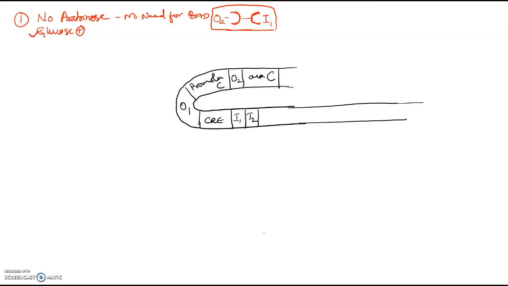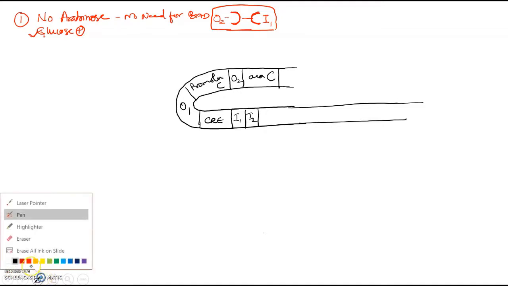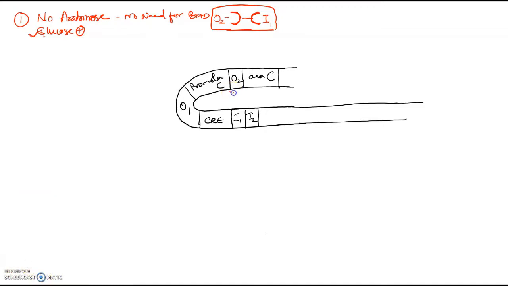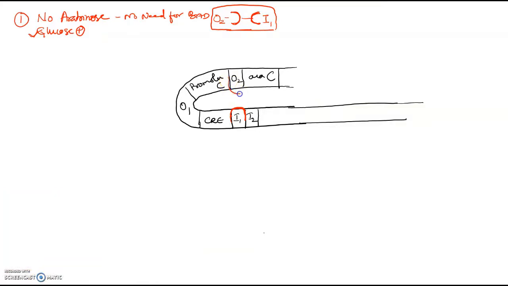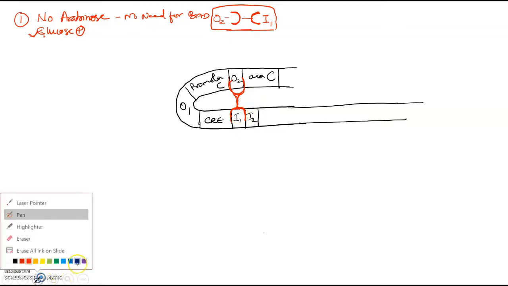What has happened? This C protein has bound like this. Because of this binding, the DNA has folded on itself.